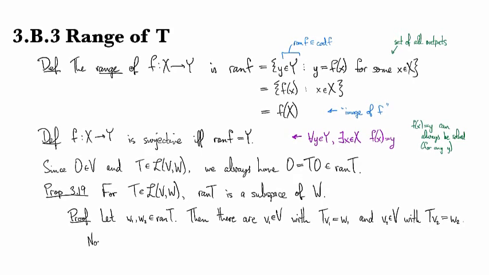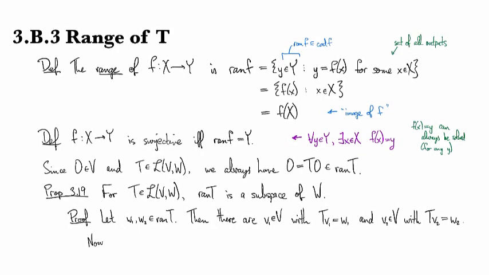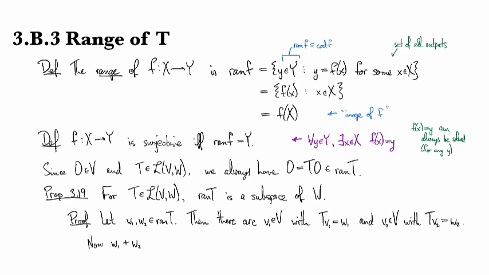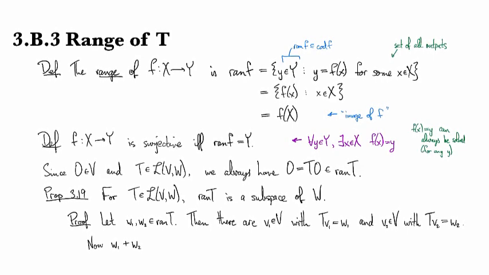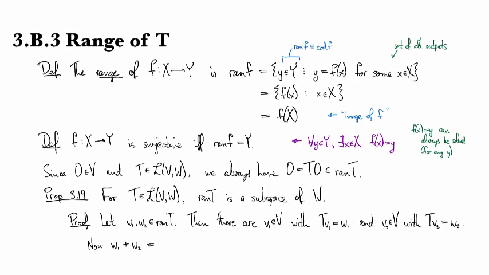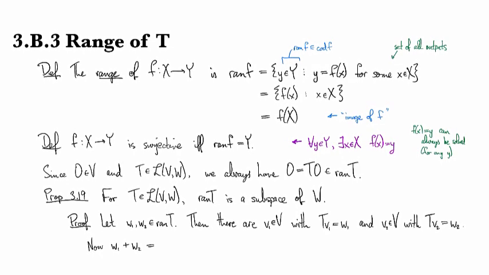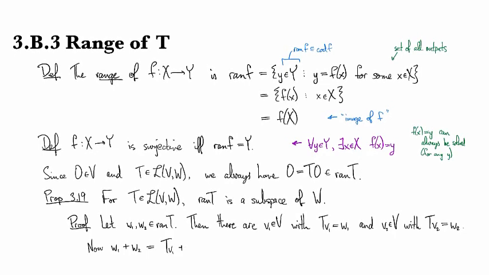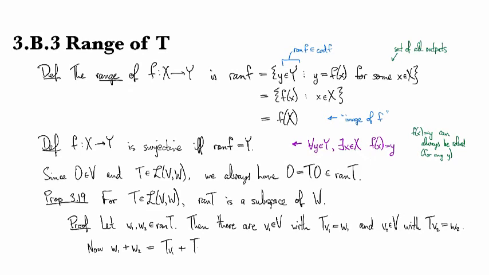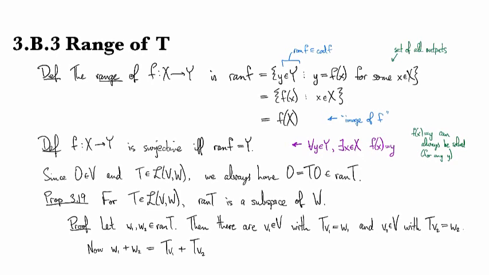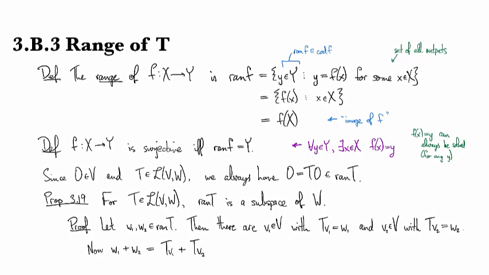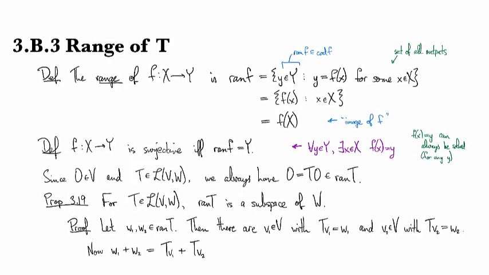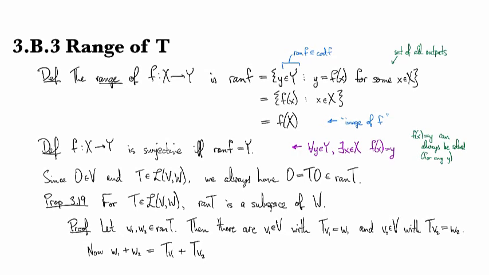Now, if we look at the sum of these two, w1 plus w2, is this in the range of T? Well, I can use what I wrote down on the previous step. So I've got w1 is T v1, and w2 is T v2.